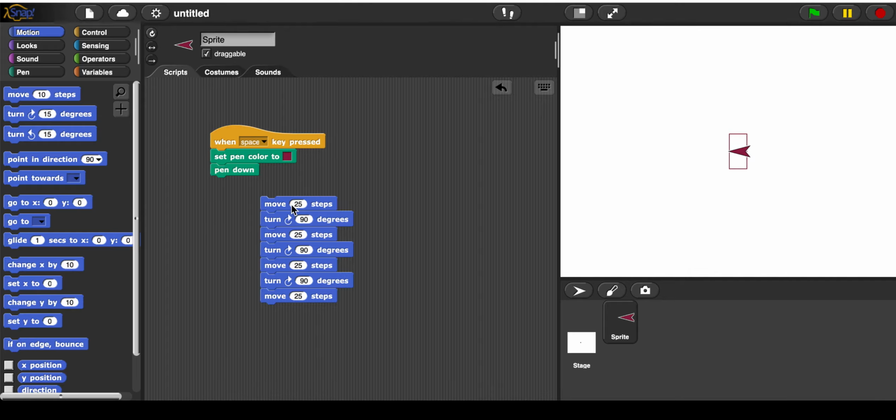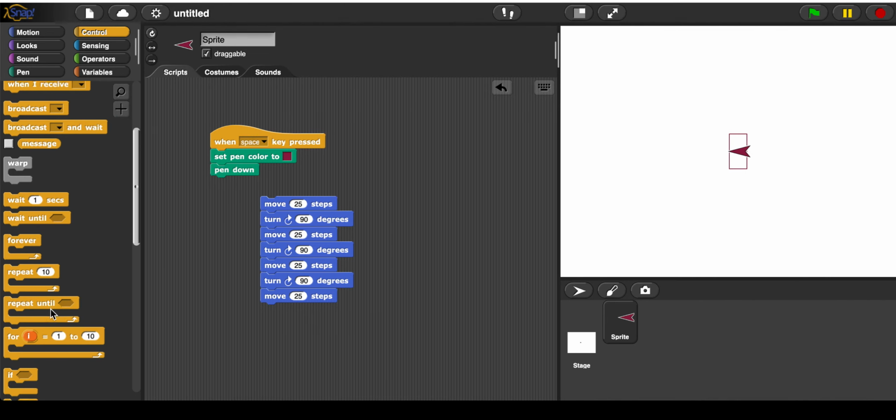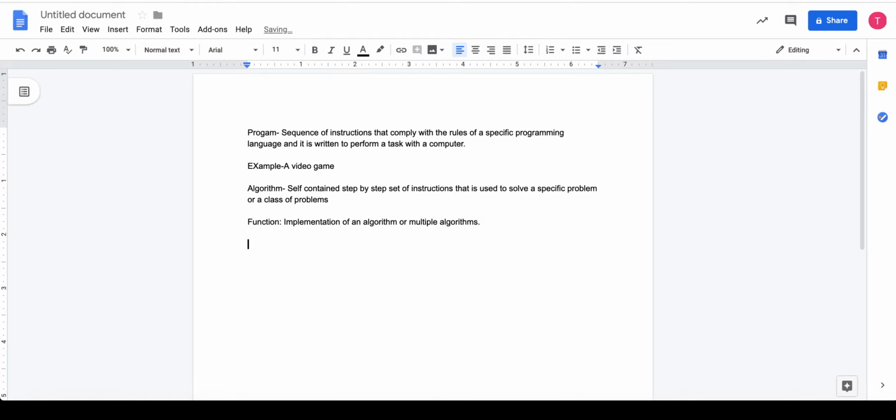Whenever we have steps that are being repeated consistently, we can do things such as use a repeat button. This repeat button is also called a loop, right? So in code, we call this a loop, right? And what is a loop?